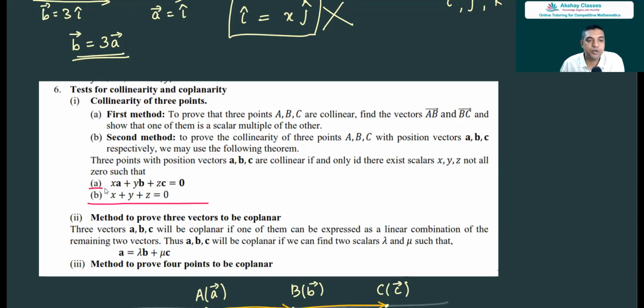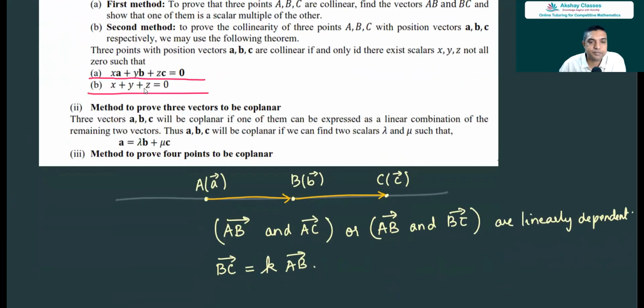Two of them should hold. The linear combination of A bar, B bar, C bar should be zero, such that the sum of the coefficients of this linear combination will also be zero. Okay, this is the test for collinearity.